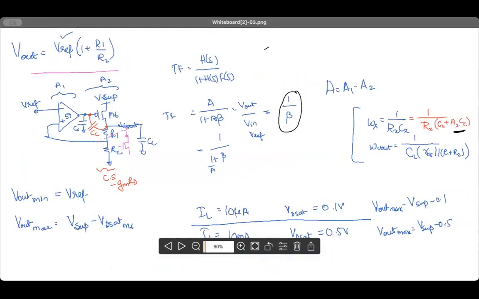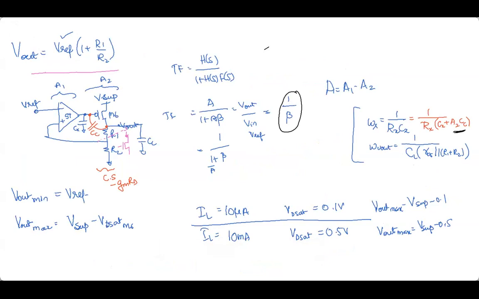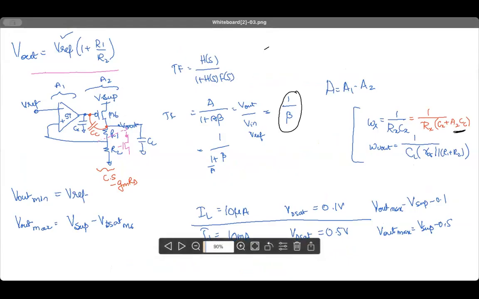Then we started looking at the poles and zeros, what happens to poles, and what is the ideal output voltage. Ideal output voltage is Vout by Vref equal to 1 by beta. And that could be achieved only if the value of the open loop gain A is very, very high. A stands for A1 into A2. If A is very, very high, we can achieve that transfer function of 1 by beta.